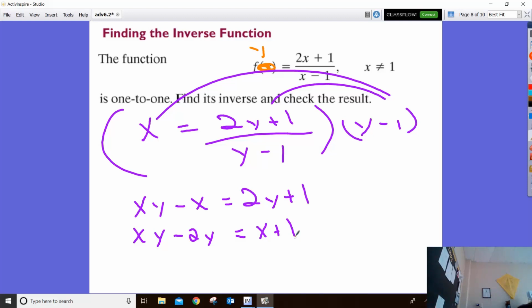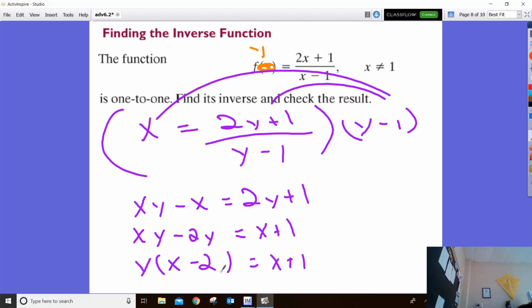Y. Factoring should be at least your top 3 favorite F word, kids. If you pull a y from xy, what's left? X. If you pull a y from negative 2y, what's left? And that opens up the ability to solve for y.